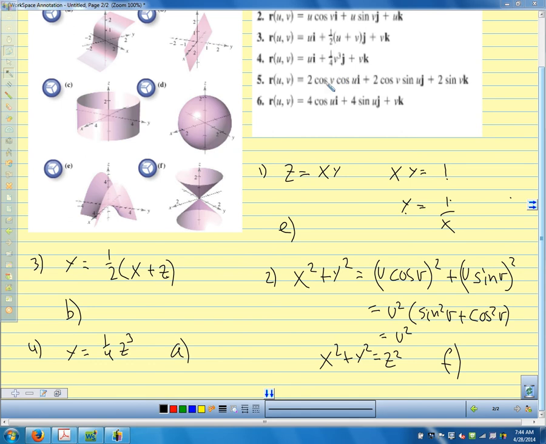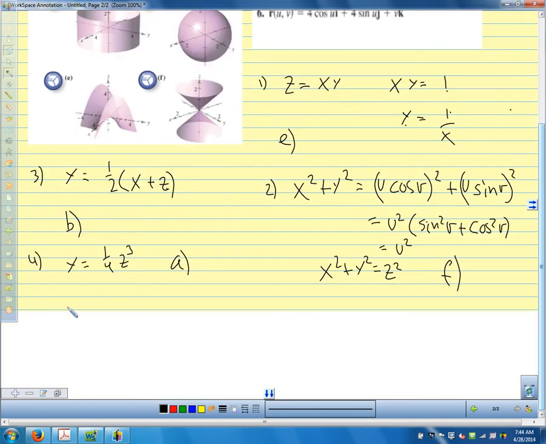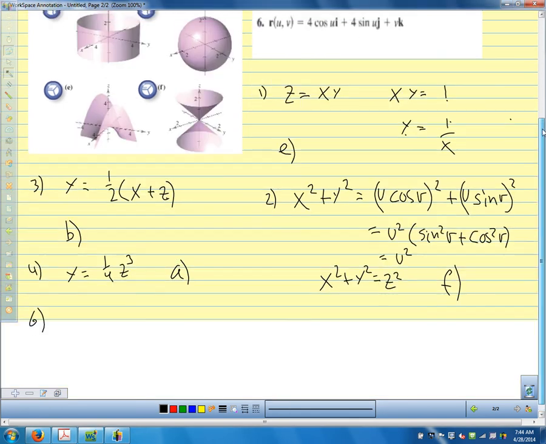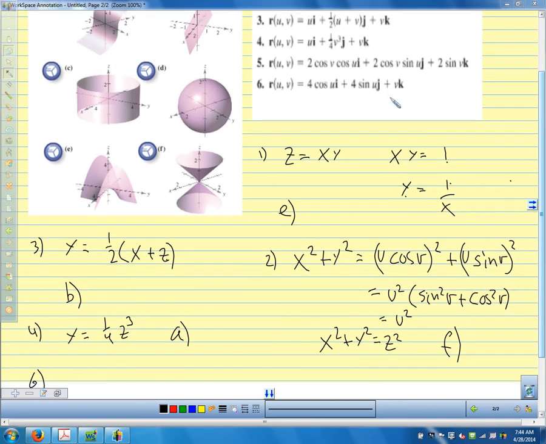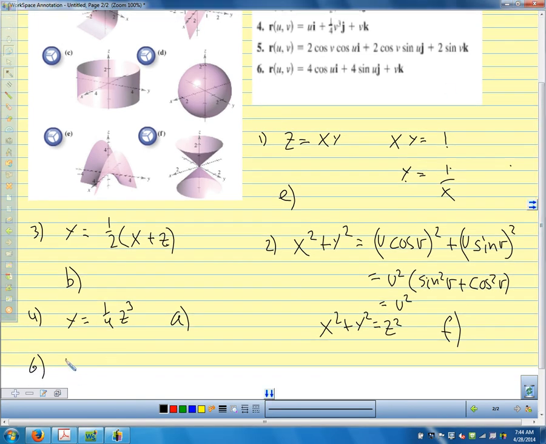Let's look at 6 and then we'll look at 5. So number 6, I think this would be D, because we'd have x squared plus y squared. Would it be C? Let's take a look. X squared plus y squared equals 16 cosine squared u plus 16 sine squared u, which equals 16.